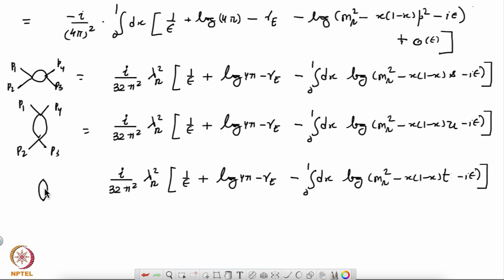Let's draw it the same way as I drew earlier, which was P1, P3, and P2, P4. Okay, looks ugly, but that's what it is.